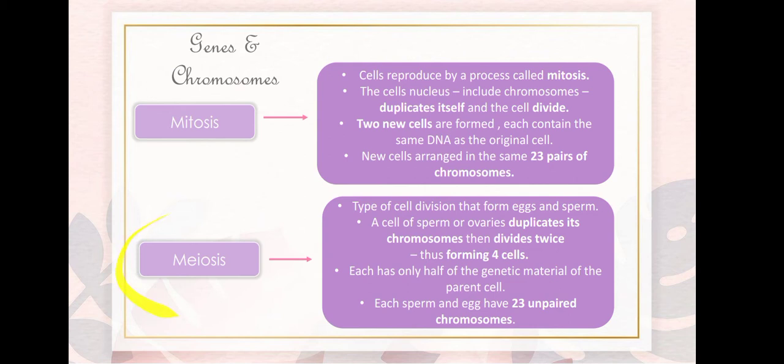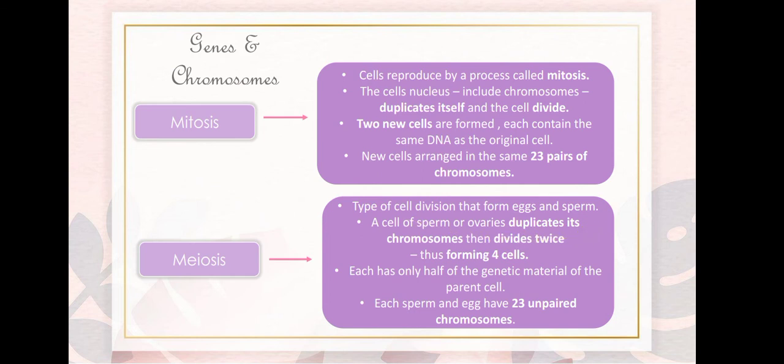Okay, next, meiosis. Meiosis is different from mitosis. Even though it involves a process of division, the information of the division of cells is different. Meiosis is a type of cell division that forms eggs and sperm.